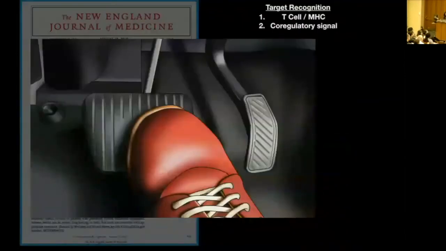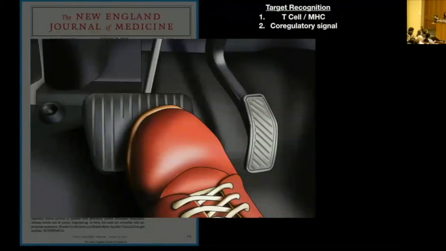Target recognition by T cells is a 2-step process. The first is an interaction between the T cell receptor and the MHC complex, or major histocompatibility complex, displayed by tumor cells or antigen-presenting cells. The second event is a co-regulatory signal that determines whether the T cell becomes activated or downregulated.